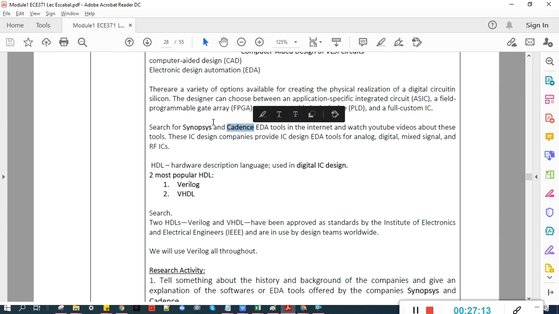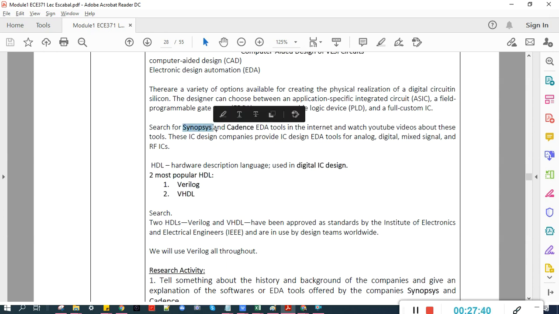I have tried both of them, and they say that for analog, Cadence is much better in implementing analog IC designs. That's what they say. While Synopsys is more on the digital.